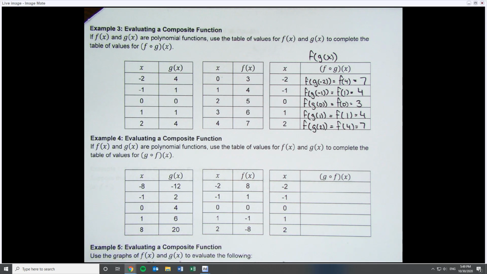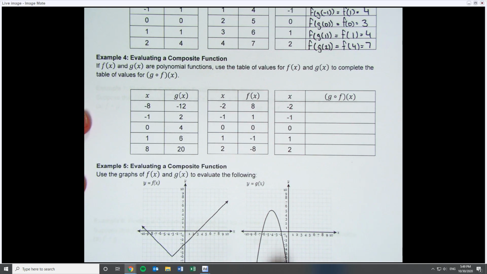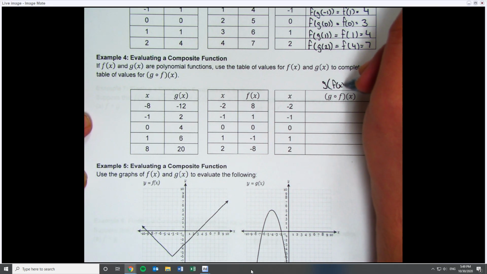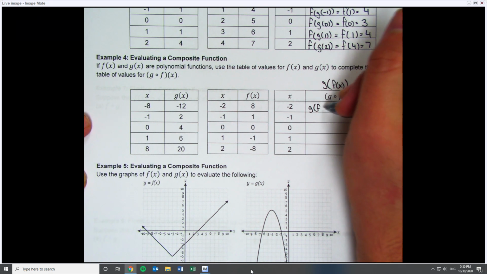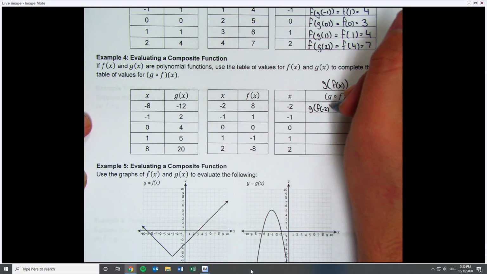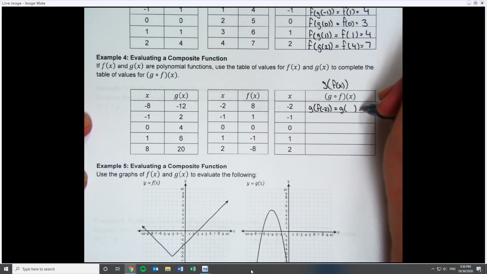All right. So one more, just in case you need it, but if you don't, feel free to skip down to the next problem. So now, writing this one the friendly way, I have g of f of x. So I know for all of these, g is going to be on the outside, f will be on the inside. And once I evaluate, I'll get g left over, and it'll equal some number.